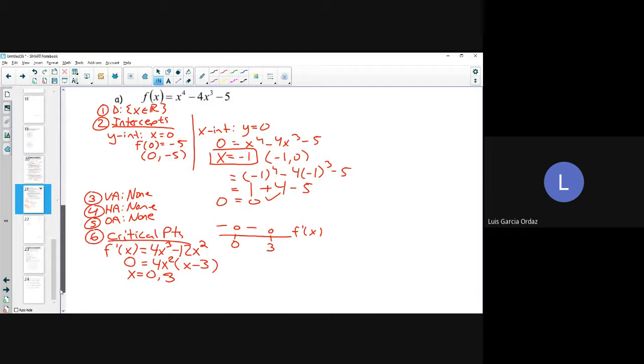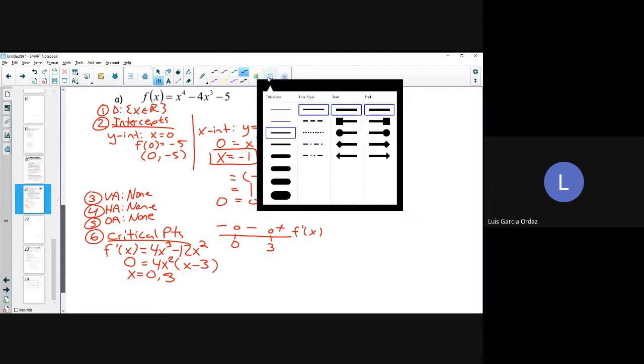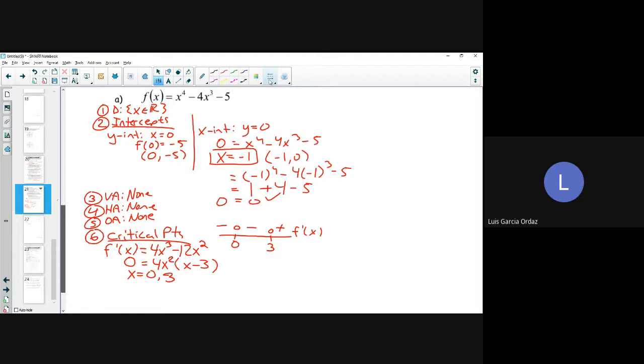But if I plug in a number that's higher than 3, I get an interval of increase, which means that my f of x increases from the interval 3 to infinity, and f of x decreases from negative infinity to 0 in union with 0 to 3.